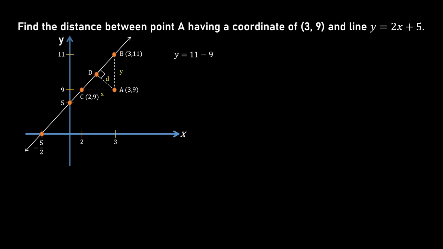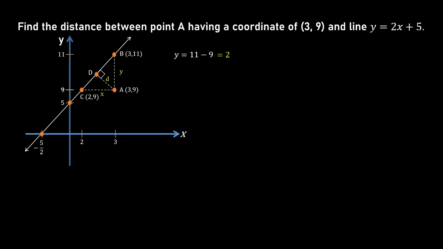But in our case, points B and A lie on a vertical line and their x-coordinates are equal. And to simply compute the distance between 2 points that lie on a vertical line, we need only the difference between their y-coordinates. So y would be equal to 11 minus 9, which is equal to 2.